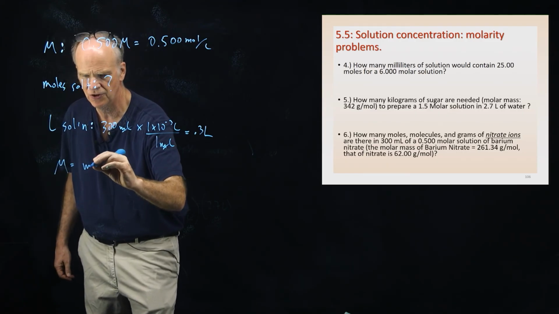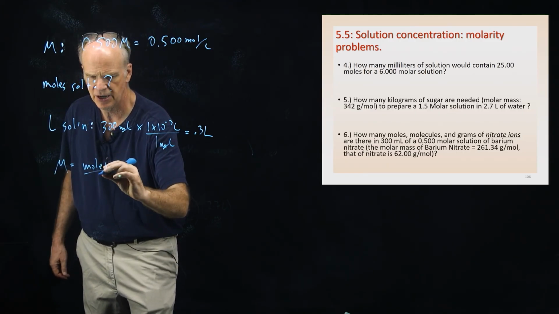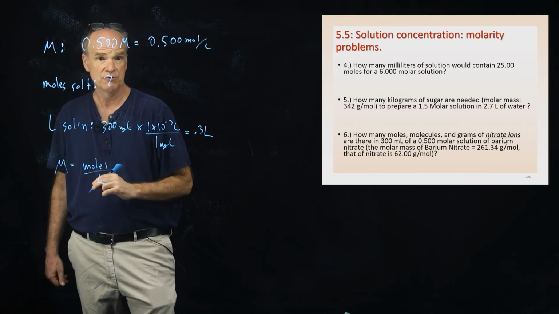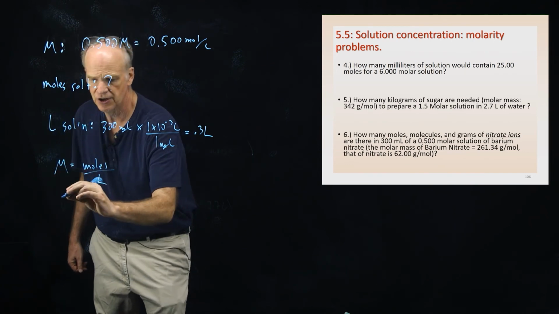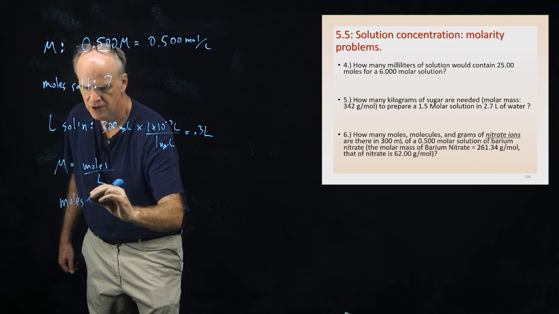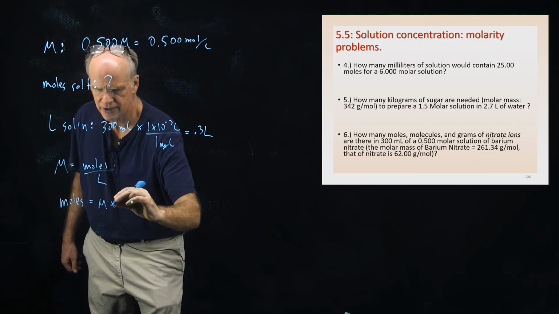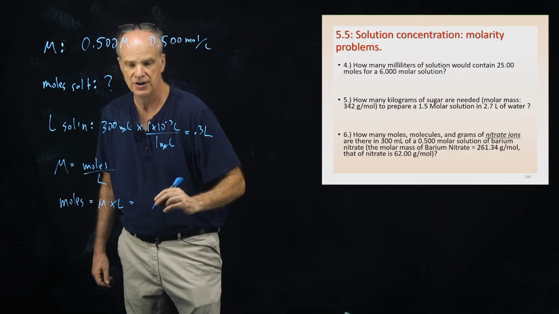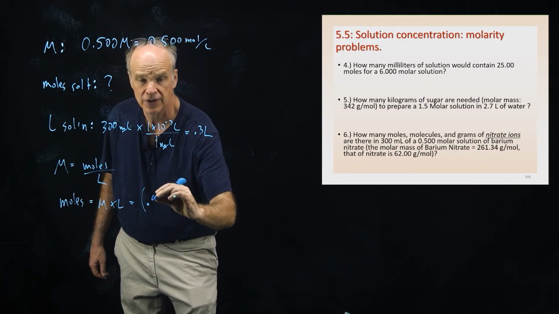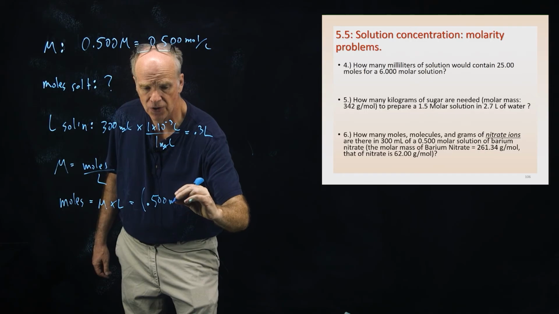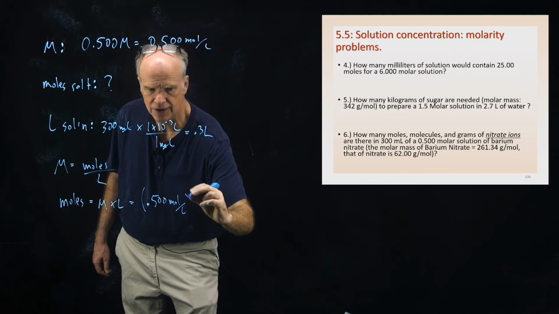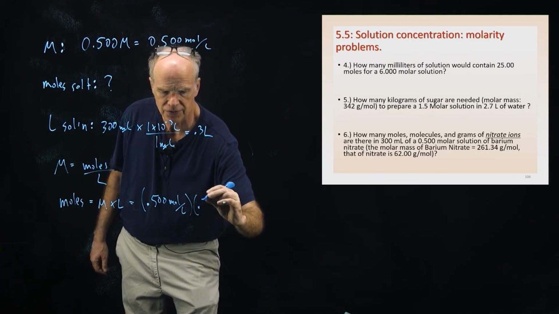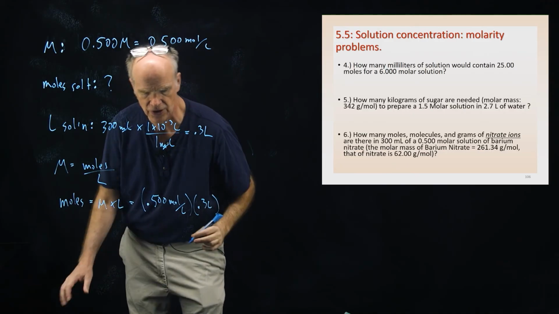Okay, so let's look at the formula for molarity. Molarity is equal to moles divided by liters. And so again, we're going to solve this for moles. And so we already know that moles is equal to molarity times liters. So let's go ahead and get that far. So molarity is 0.500 moles per liter times 0.3 liters is the volume.